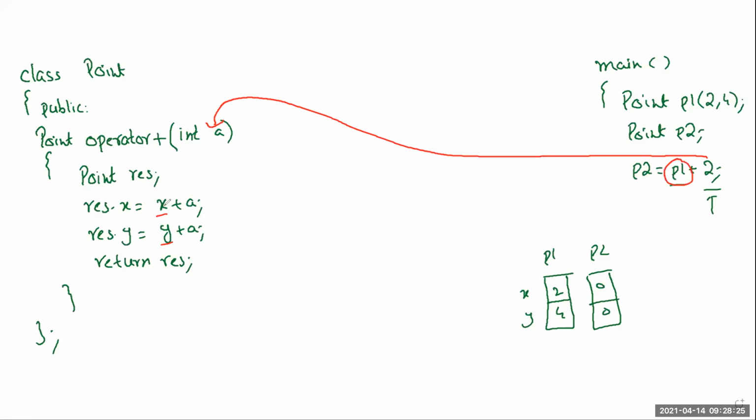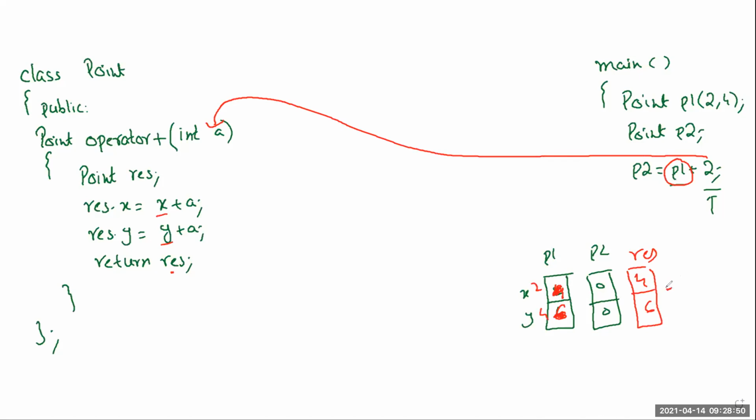Okay, so you are writing x plus a, it means 2 plus 2, so this will become 4. 4 plus 2, this will become 6. Okay, and basically you are copying them in result. So I should not update these, rather I should update result. Okay, because this is a different variable, so these stay the same. Actually this result is updated. Okay, they stay 2 and 4. And then you say return result.